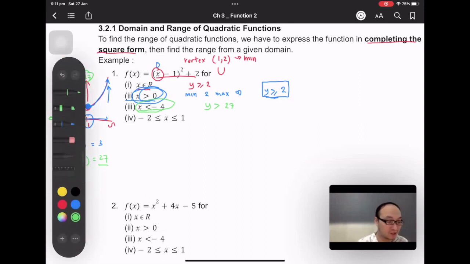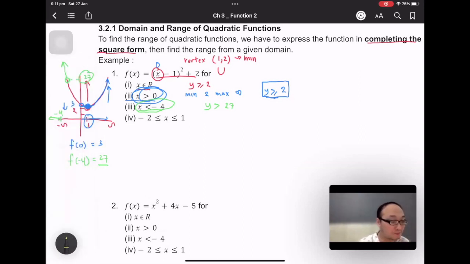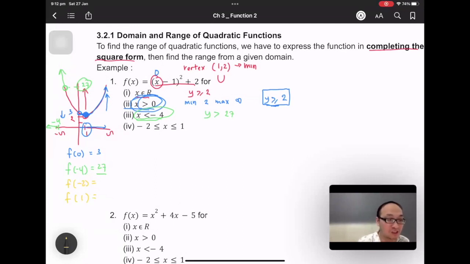For the last one, from -2 to 1, I find f(-2) and f(1). For -2, it is (-3) squared, which is 9, plus 1 is 10.